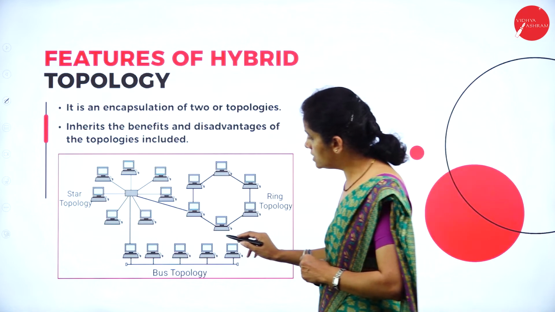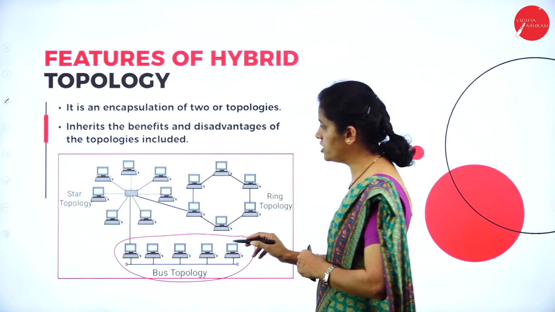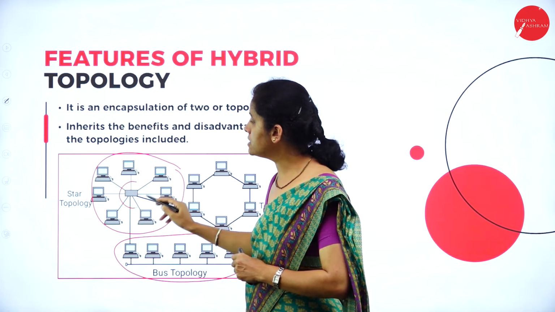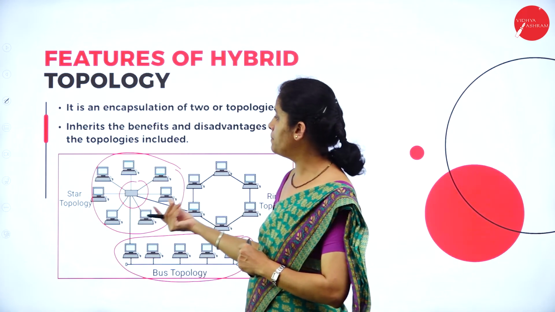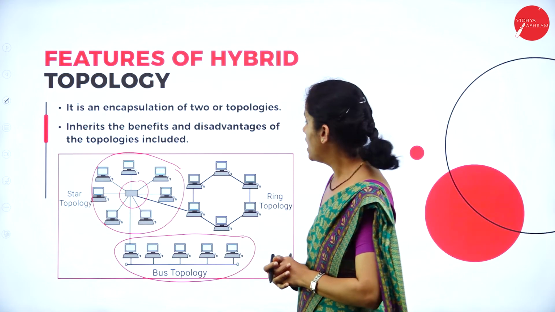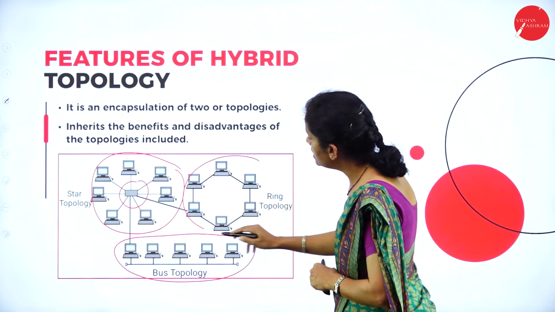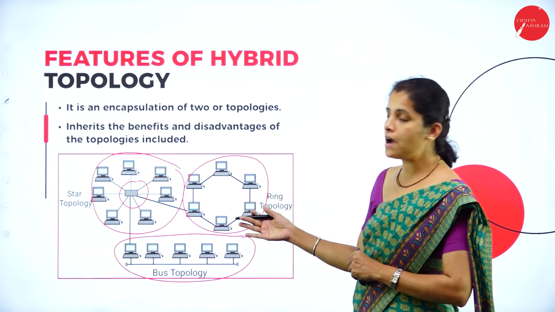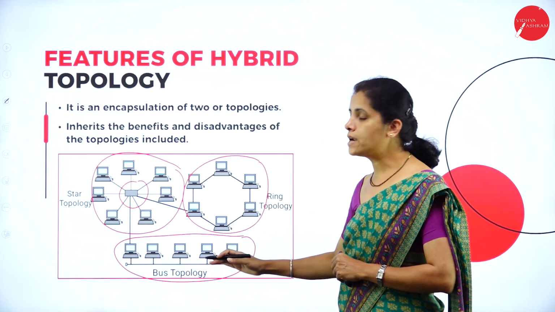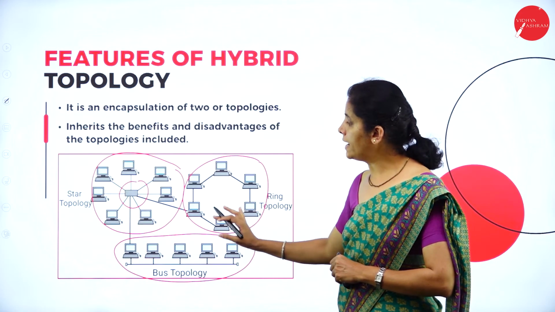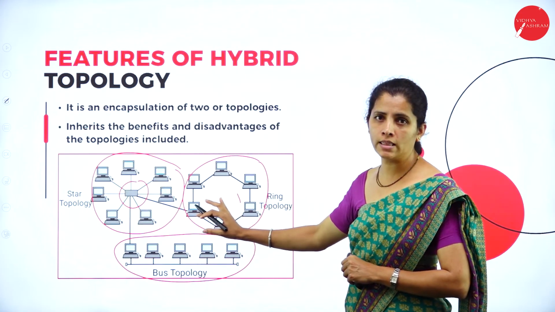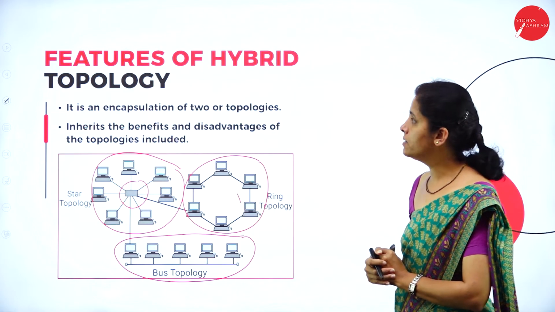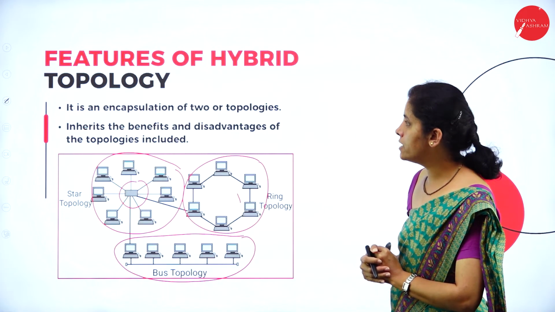And this is the example for hybrid topology. See here, this is my bus topology, and if I consider this one, I have the central node, and this is the example for star topology. And this is the example for ring topology. So how many topologies do I have? Ring, star and bus. I'm going to connect all these topologies together, and that is known as hybrid topology. Let's see the features here.